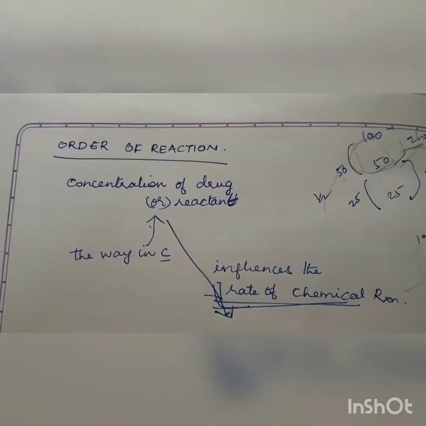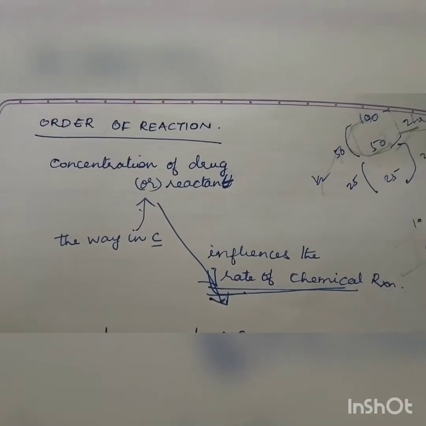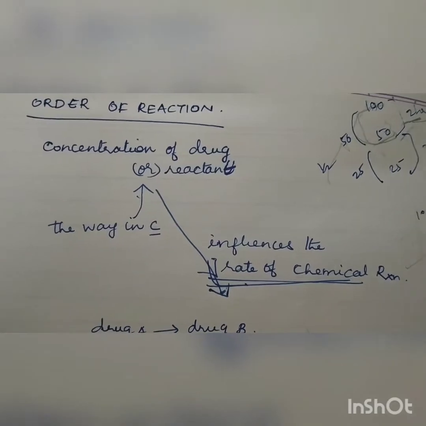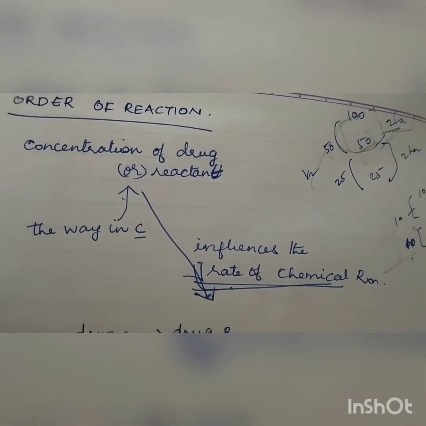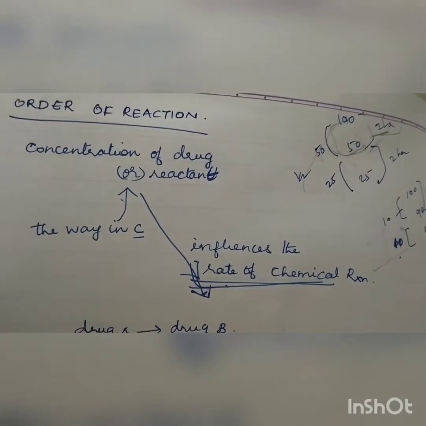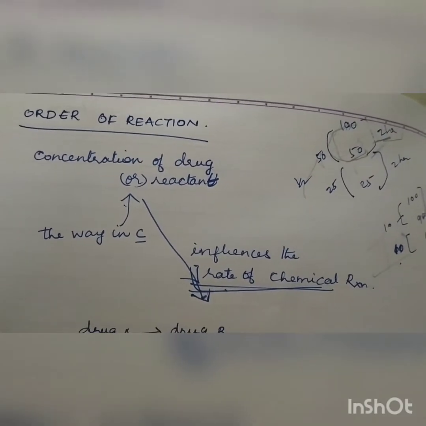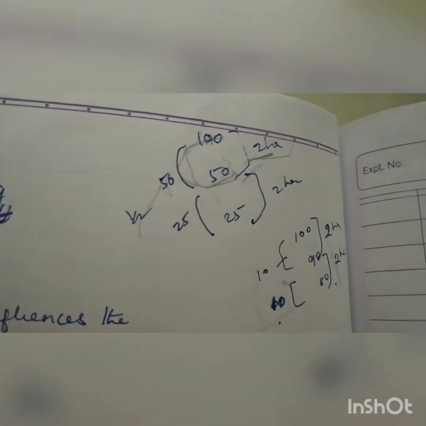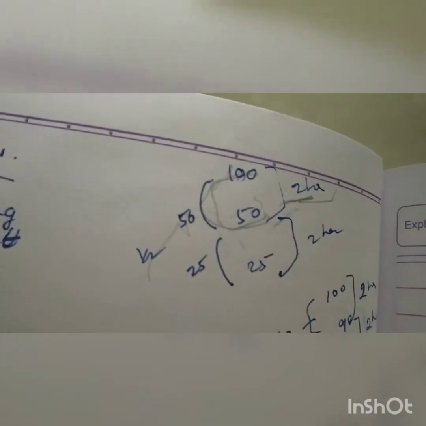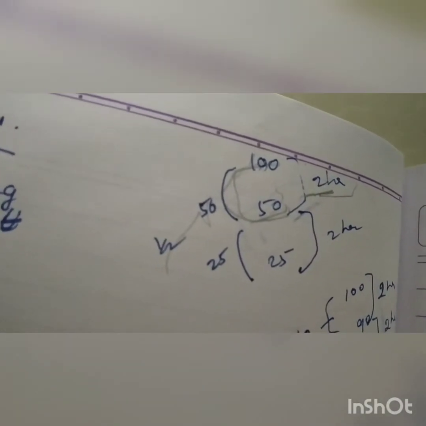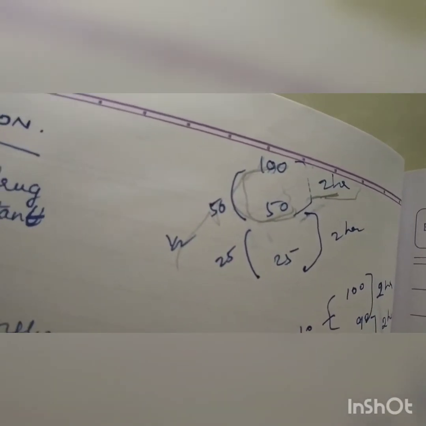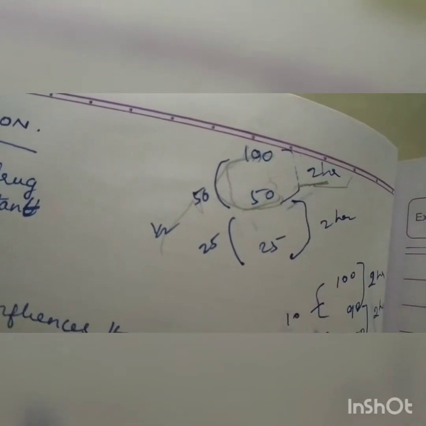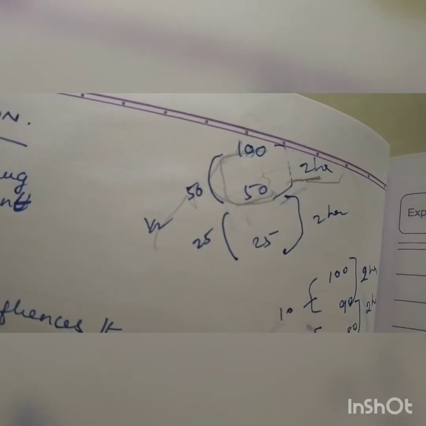Next, order of reaction. Order of reaction refers to the way in which the concentration of the drug influences the rate of reaction. For example, if you look at this, in the first one, the initial concentration of the drug is 100 milligram, and that will become 50.